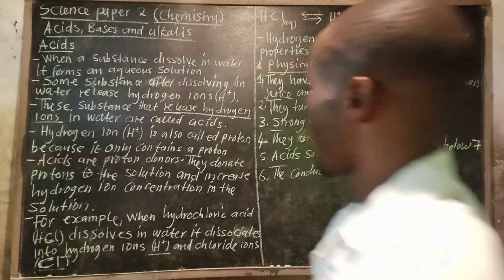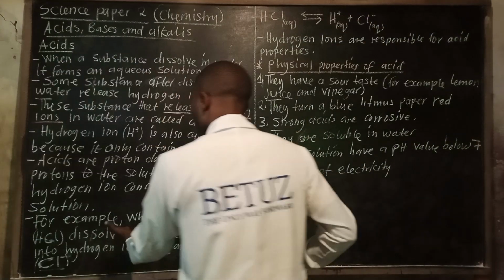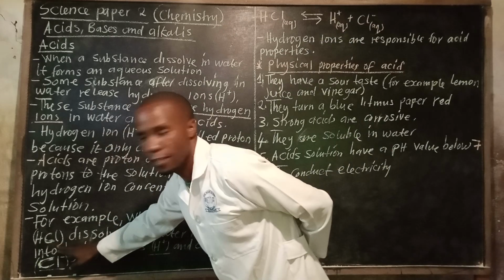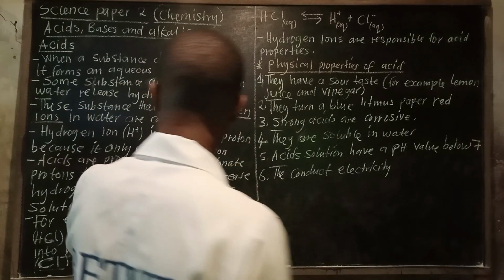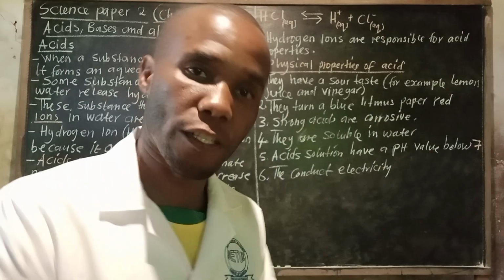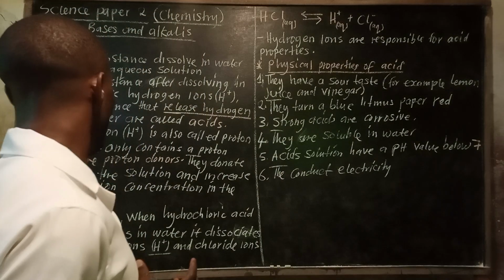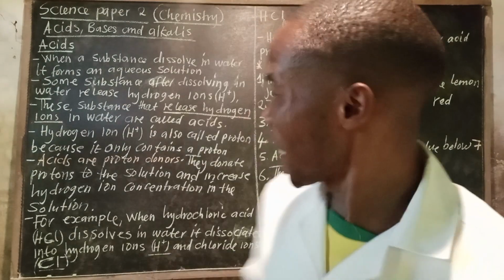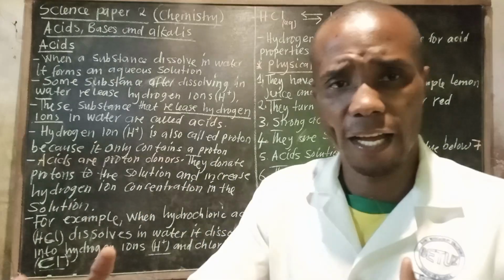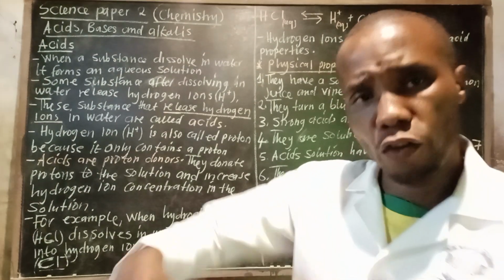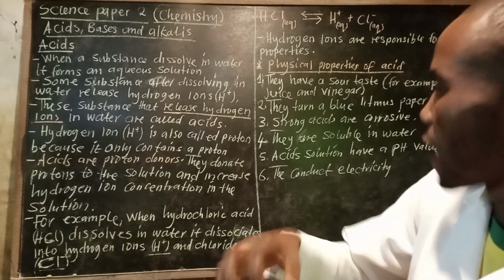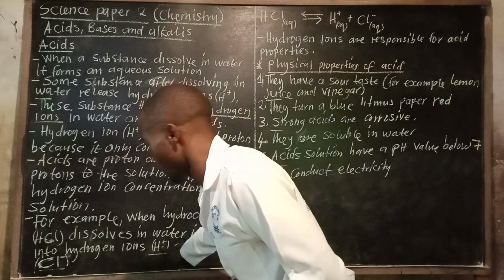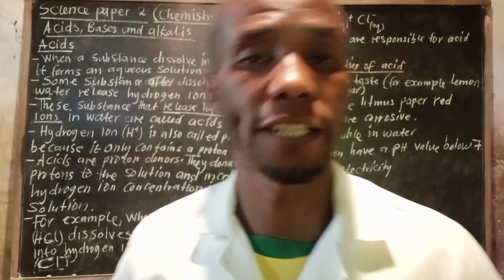For example, when hydrochloric acid, which is represented by this chemical formula, dissolves in water, it dissociates into hydrogen ions and chloride ions. The hydrogen ion is positively charged, and the chloride ion is negatively charged.